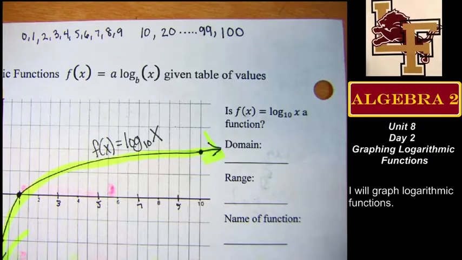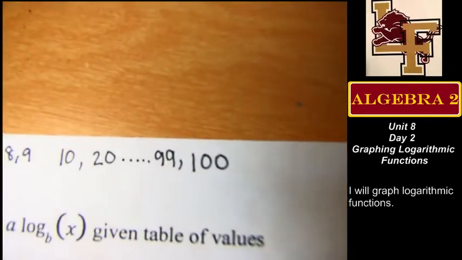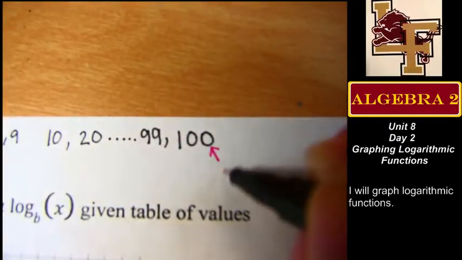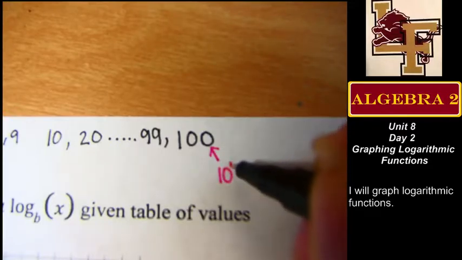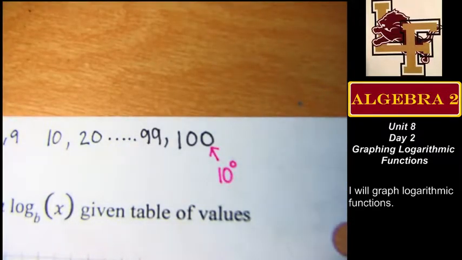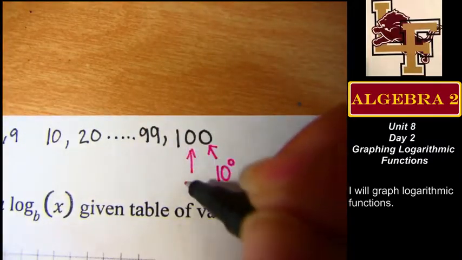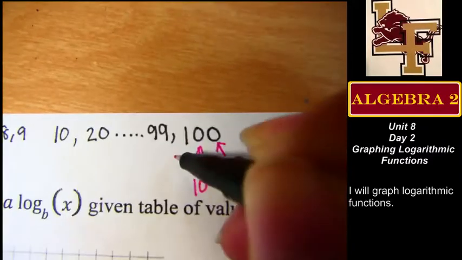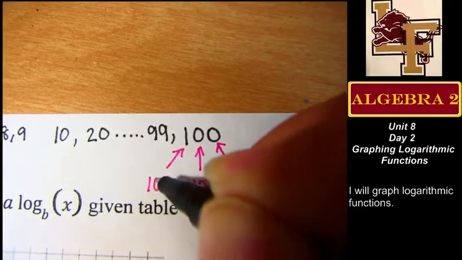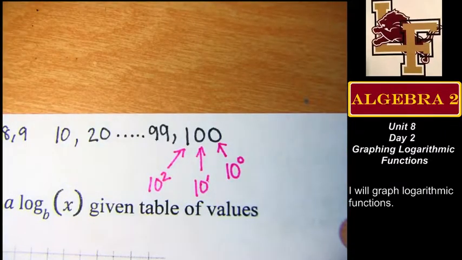Ready to blow your minds? This place value is the same as your 10 to the zero. This place value is the same as your 10 to the first power. This place value is the same as your 10 to the second power. Okay?